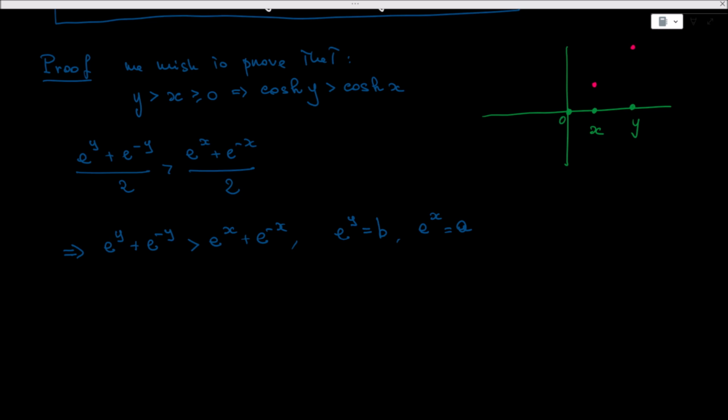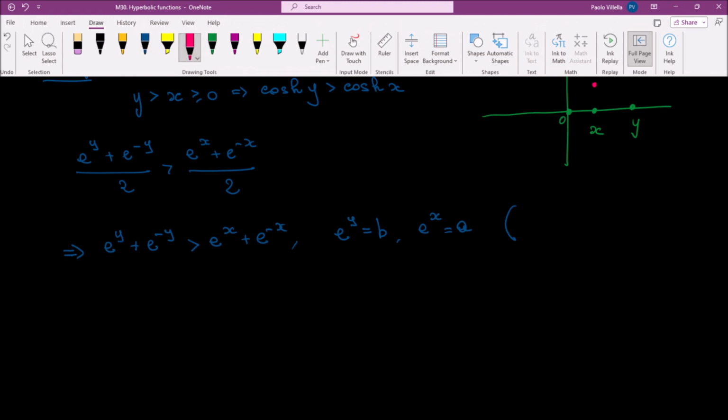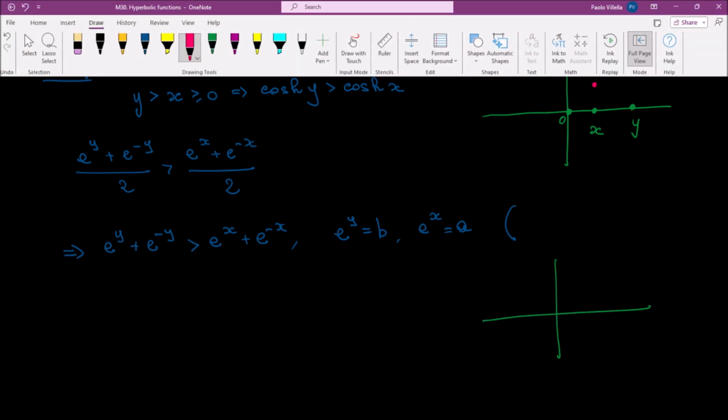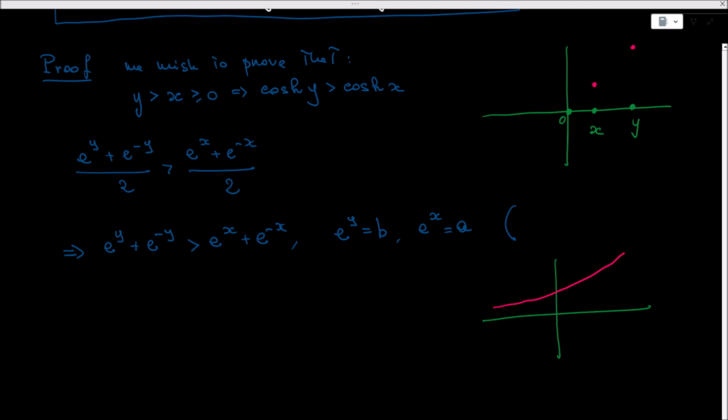Now we know something: the exponential is a function that is always above 1. Remember the shape of the exponential: this is the generic e to the x.